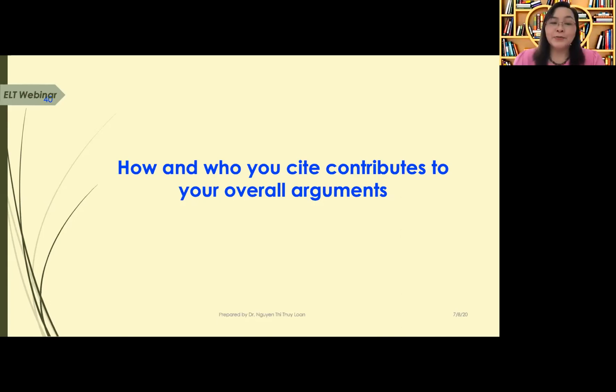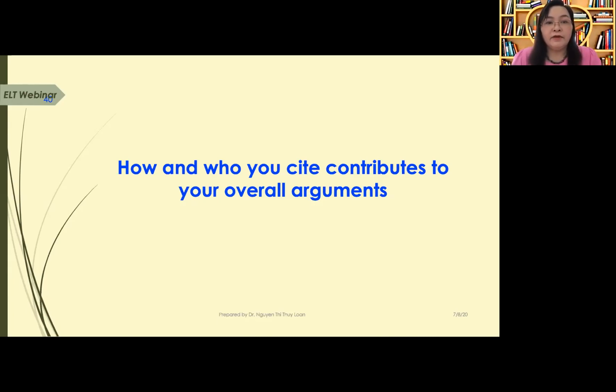Okay, so let's look at some examples. This topic is very big, but within the scope of my sharing today, I just would like you as a novice writer to be aware of the significance of citation in your writing, especially the literature review chapter. So I will go briefly over the significance of this rhetorical function.